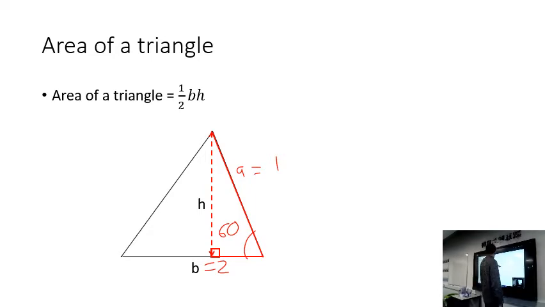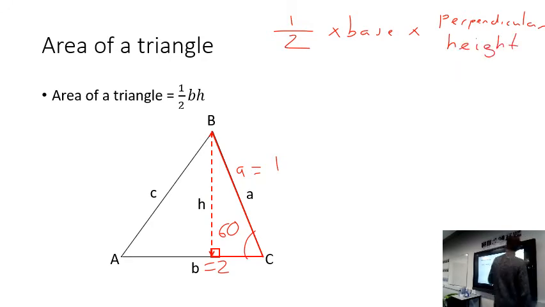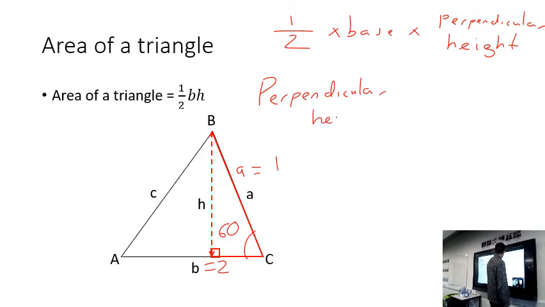Area is equal to half times base times perpendicular height. We want to find that perpendicular height.